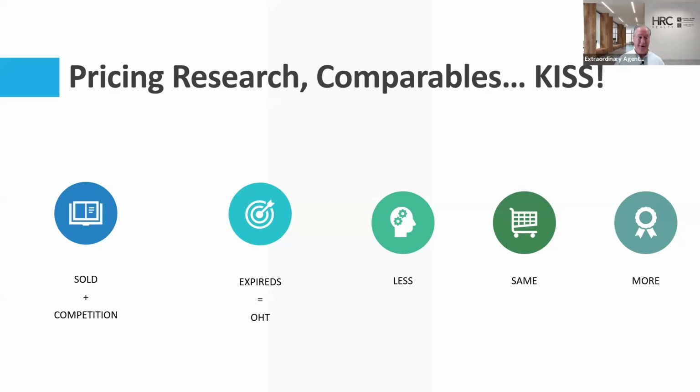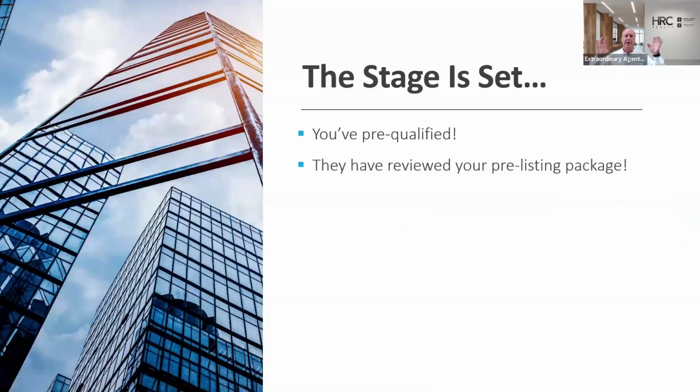From there, I start the whole thing this way. I start with clarifying questions, preliminaries. The first one that I'm going to start with really is, do you absolutely have to sell? I want you to see, we pre-qualified.